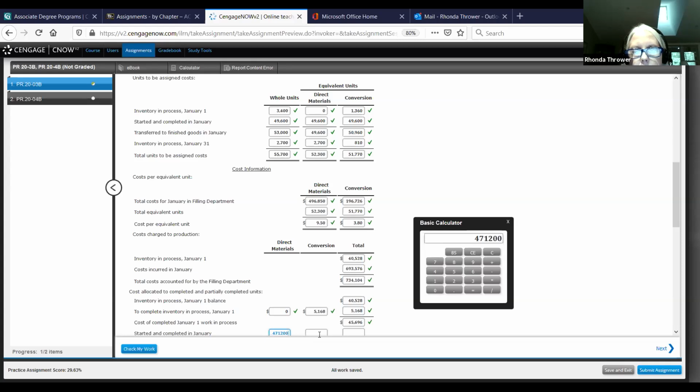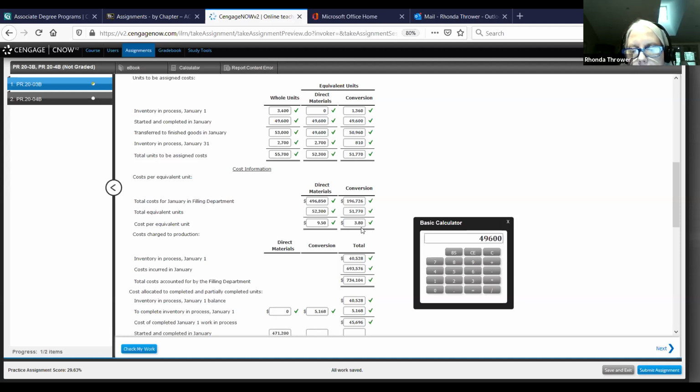The next thing we need to find is my conversion cost for my started and completed units. My started and completed units for conversion was 49,600. I'm going to take that 49,600 and multiply it by $3.80. That is my cost per equivalent unit for conversion.